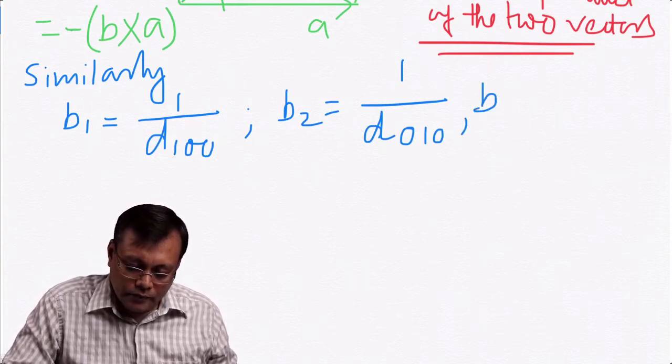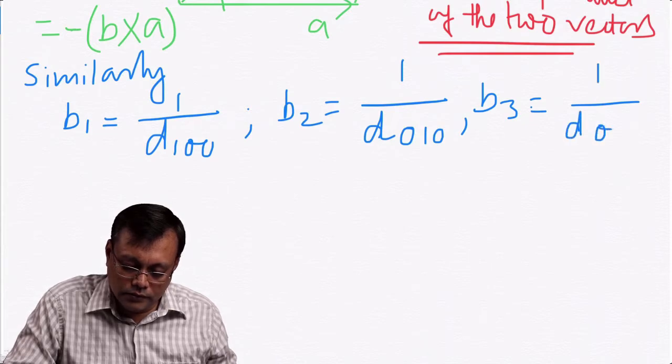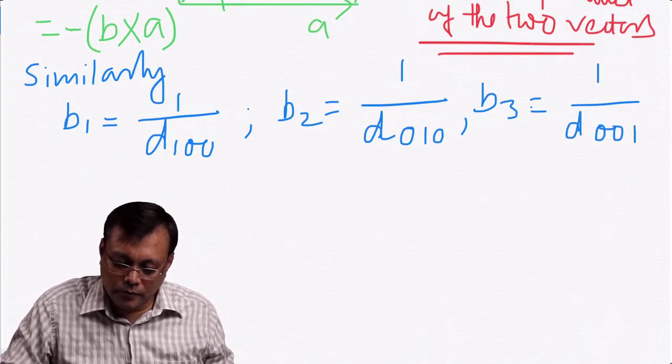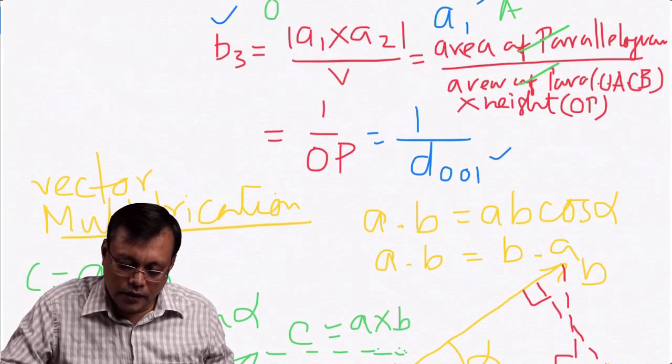And definitely B3 is equal to 1 by D001. This we have already derived and proved earlier.